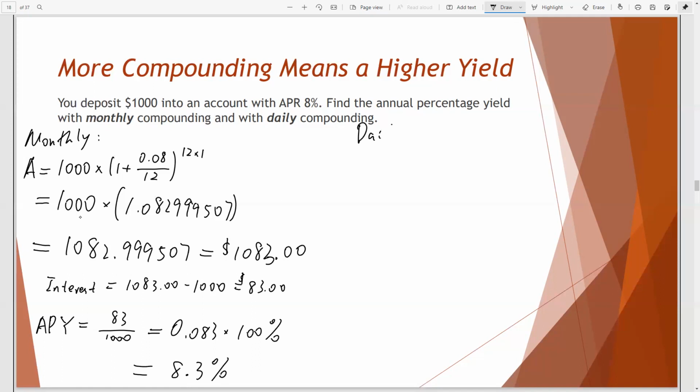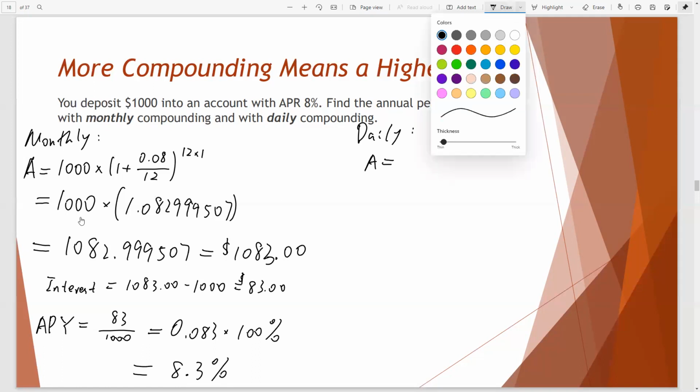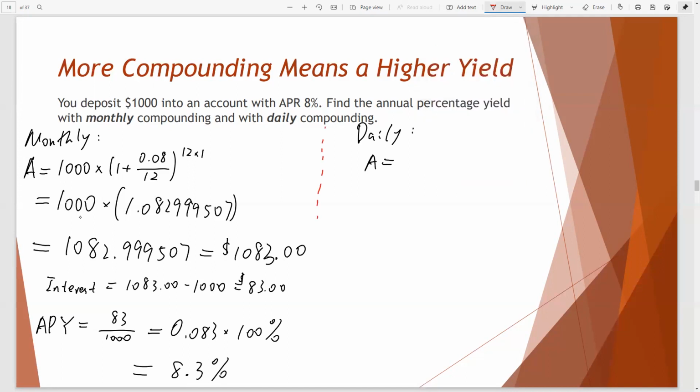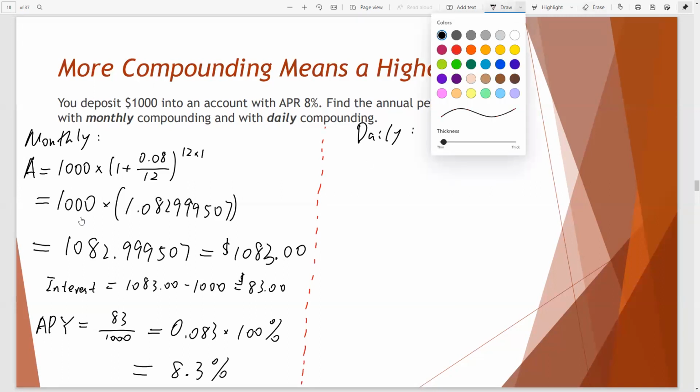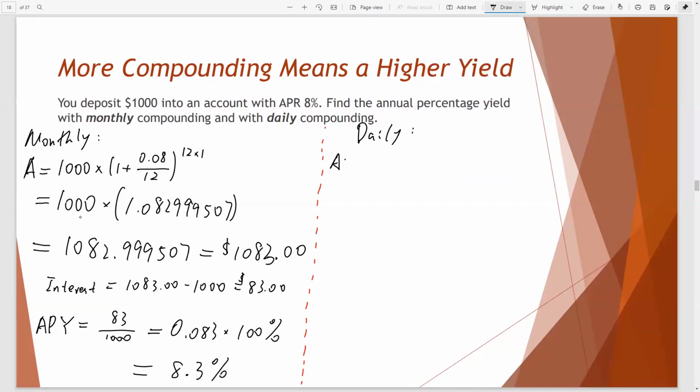And similarly, daily compounding. Let me draw a vertical line to distinguish it so I can use all the space I have. Principal times 1 plus 0.08 over 365.